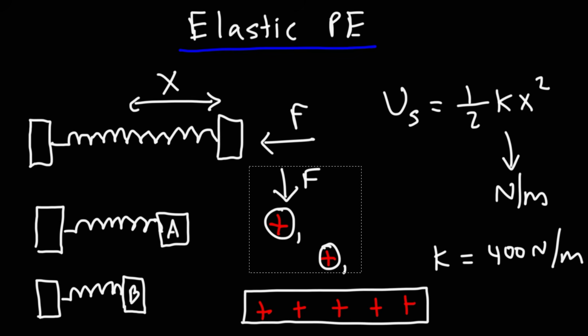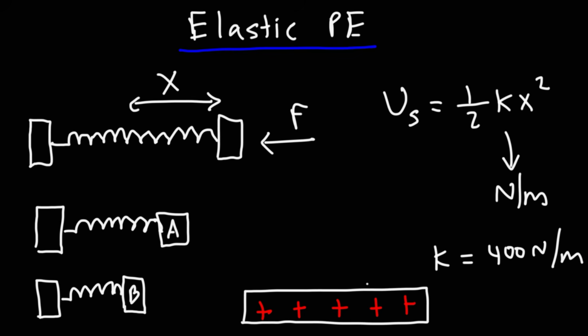Now the reverse is true if we had a negative charge. The negative charge wants to go closer to the positively charged plate. So if we were to move it away from the positively charged plate, we would be increasing its potential energy.